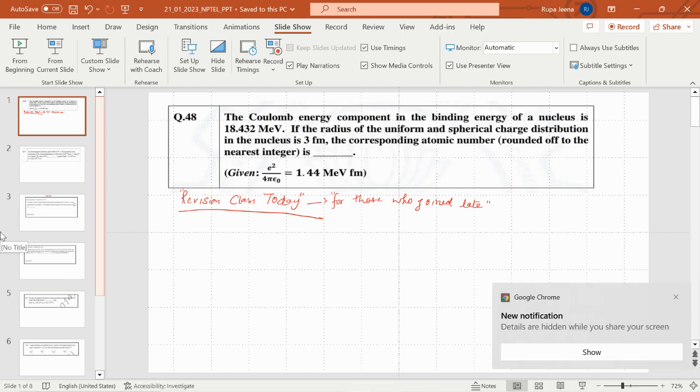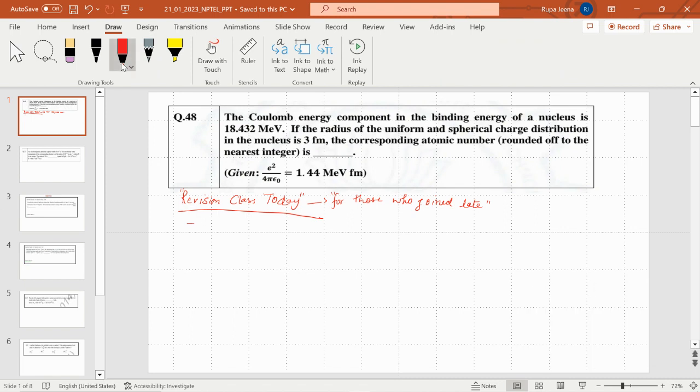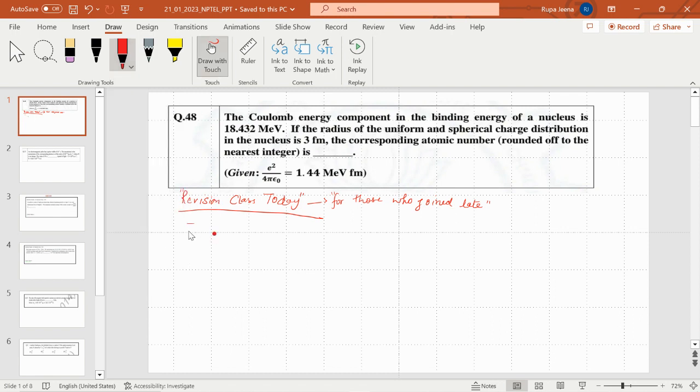So as you can see in this question, you are given the Coulomb energy component of binding energy.